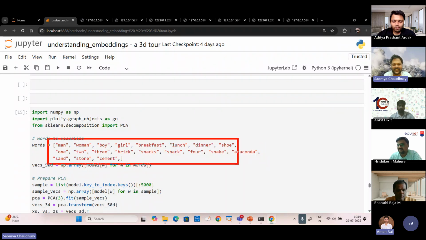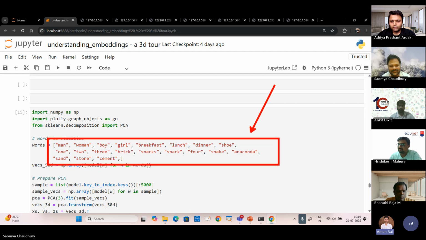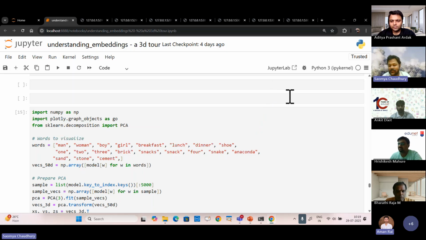So based on those words, the embeddings will be happening, and these words are responsible for those things.